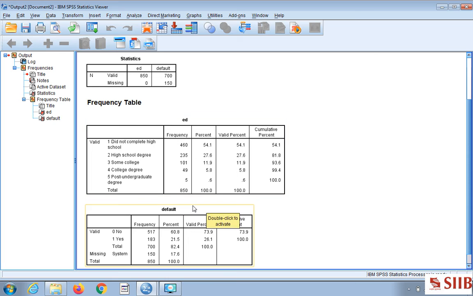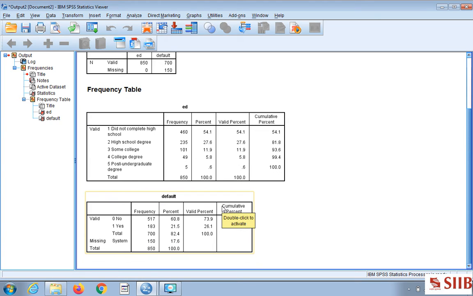So, simple frequency analysis, as you can understand. Under the default variable, we found that, previously defaulted yes, out of 700 there are 183 who have defaulted on the loan. So this is the basic introduction about the frequencies.